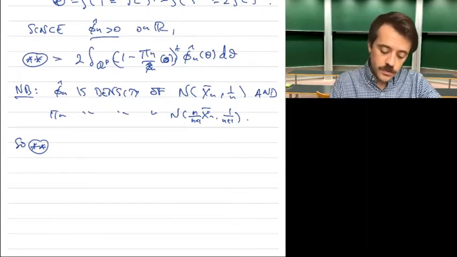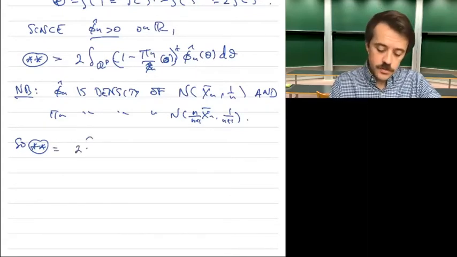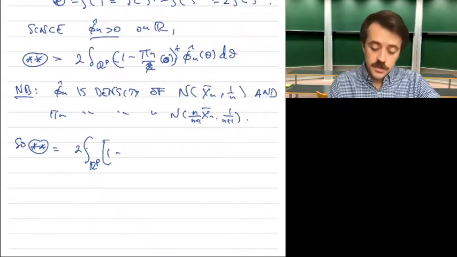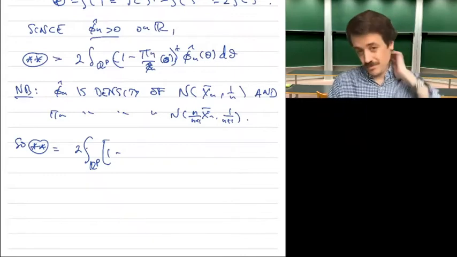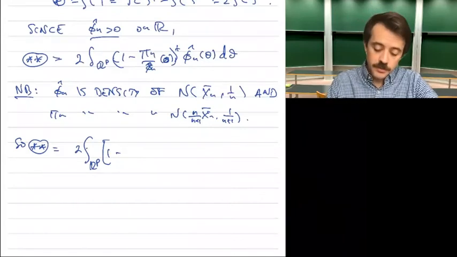So this is just given by 2 times the integral over Rp of 1 minus, and then we get this. Let me write it out.